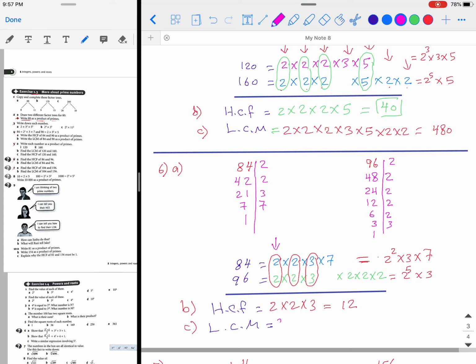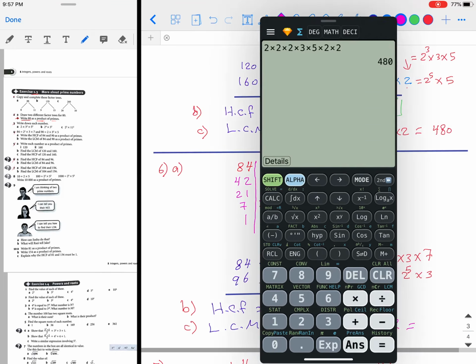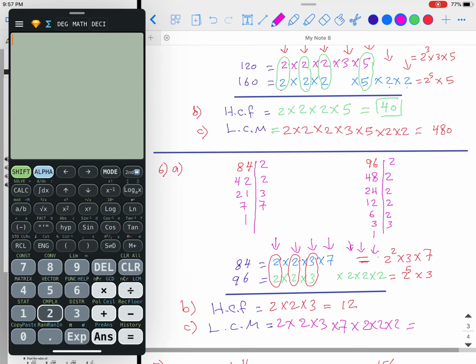From each line, as we said before, here I will take 2, here another 2, here the third 2, the third number I will take 3 here, 7 and 2 and 2 and 2, 3 lines here. So 2 by 2 by 3 by 7 by 2 by 2 by 2, you will get 672.